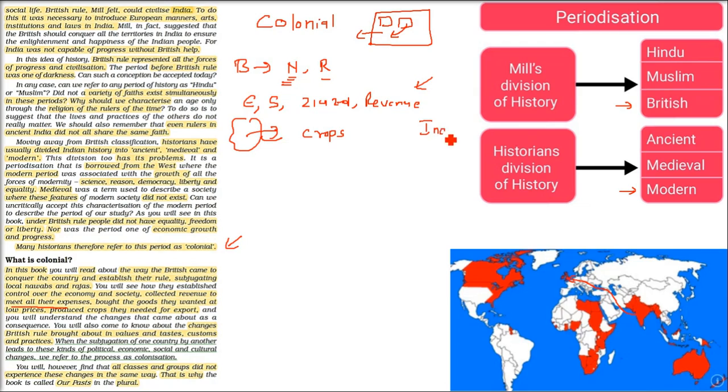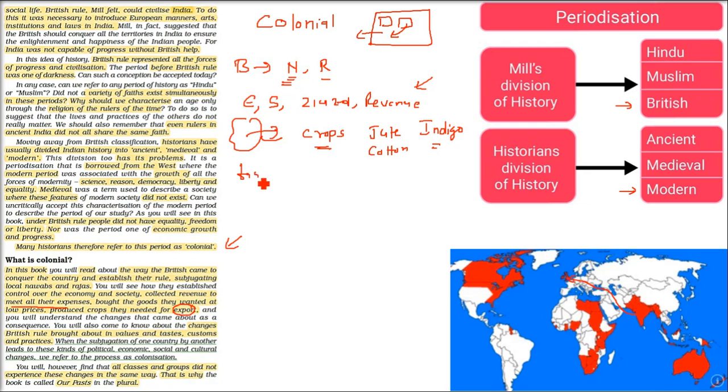In Champaran, they forced the farmers to grow indigo, because for the cotton, for the clothes, this indigo was in great requirement in Western countries. So that is how they forced people. They produced crops they needed to export. They would get money from jute and cotton and many others. So they would produce only those crops that can be exported so that they can make a profit out of it.